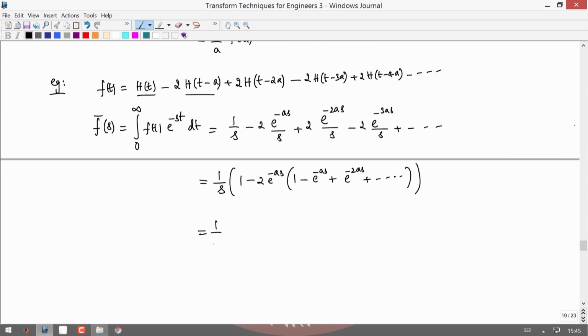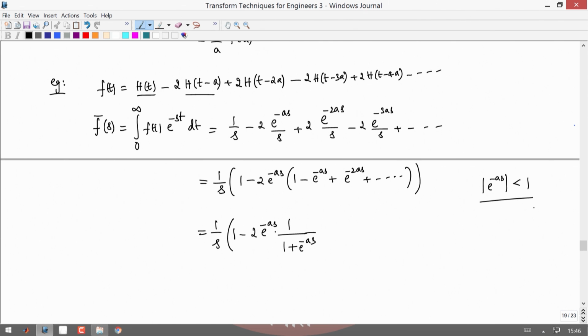So, you get 1 by s times 1 minus 2 times e power minus as, plus e power minus 2as. This is 1 over 1 plus e power minus as, which is this series, because the modulus of e power minus as you can assume is less than 1, as a geometric progression series.